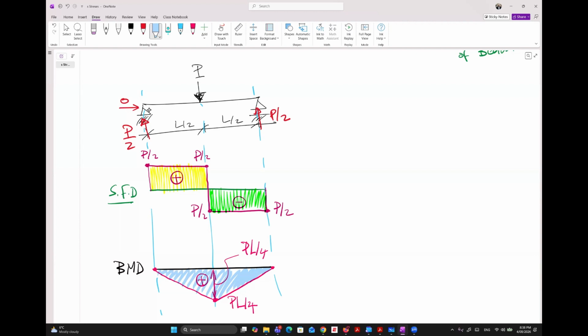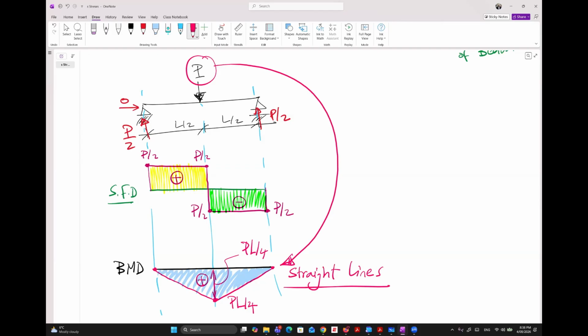But in the case we don't have any point load, it's a curve. That's why we have two options in the bending moment. The other option will be with the next beam I will do. So all the time, if you have a point load, these lines will be straight lines.